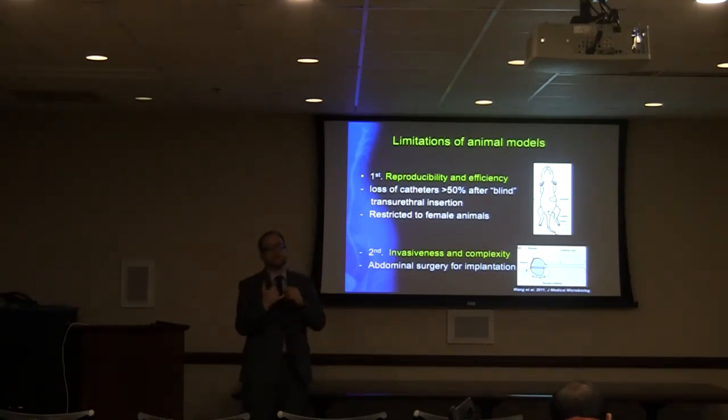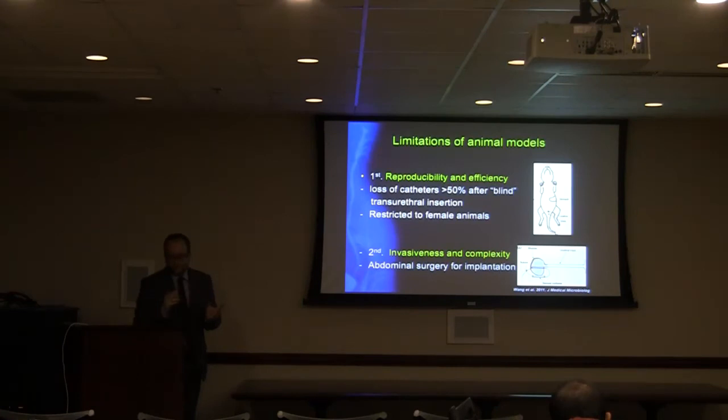Not only did this take a long time, but just look at the surgical procedures you've just done. The chances of secondary infection, sepsis to the animal is significantly high. So it's not a very good model.